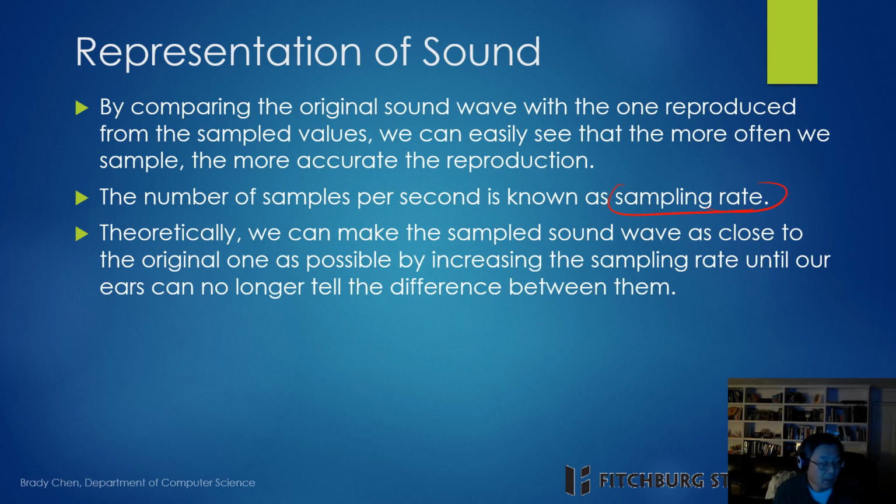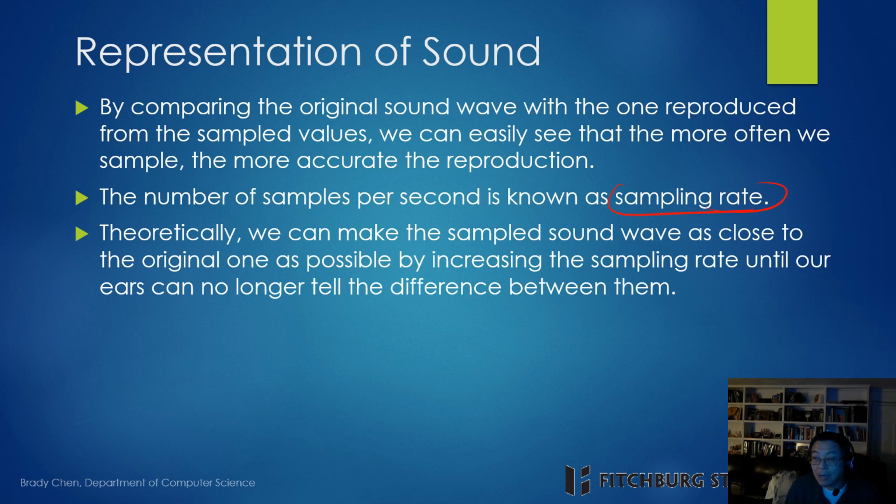Okay, so we can imagine that in theory, we can make the sampled sound wave as close to the original one as possible by increasing the sampling rate, until our ears can no longer tell the difference between them, right? We can always do that.